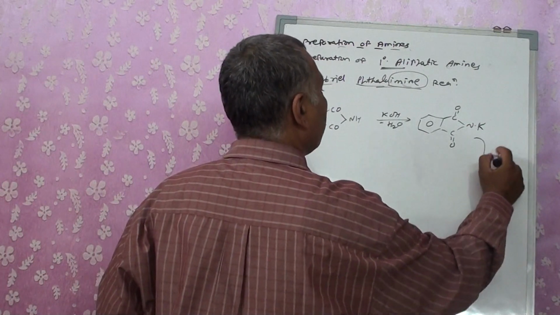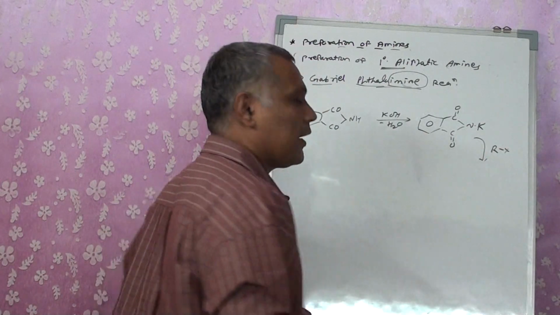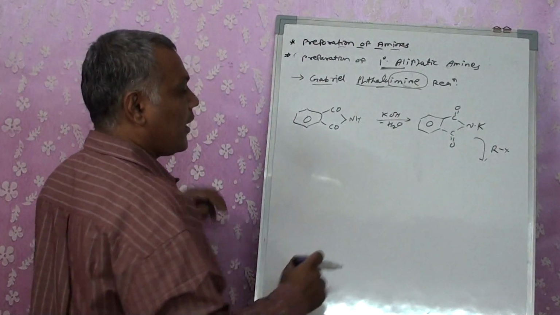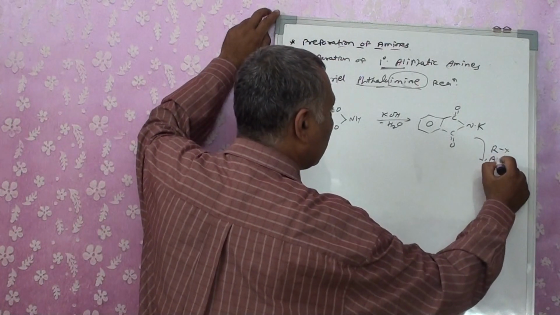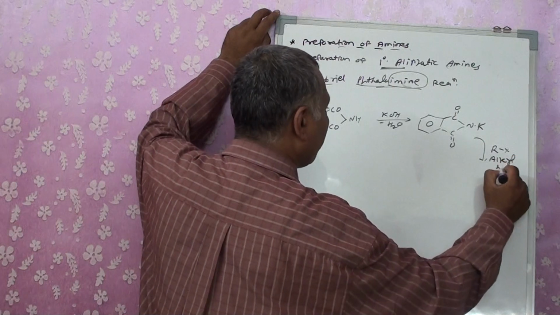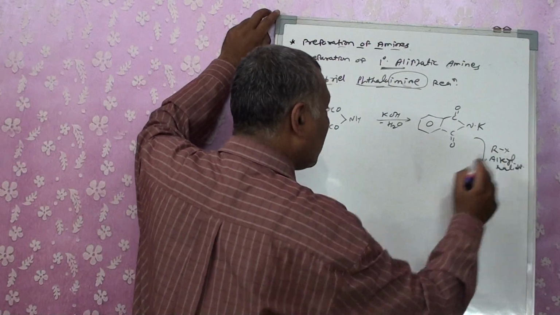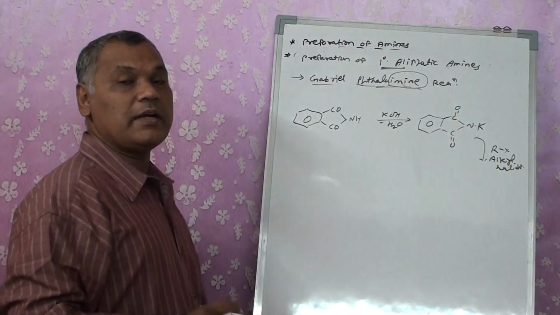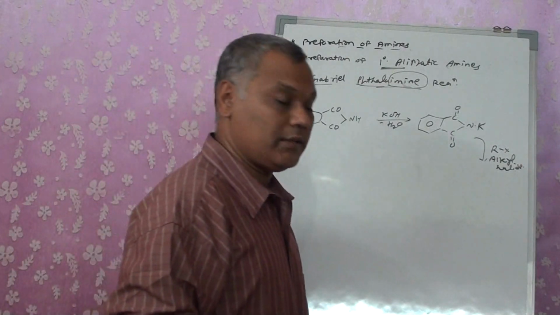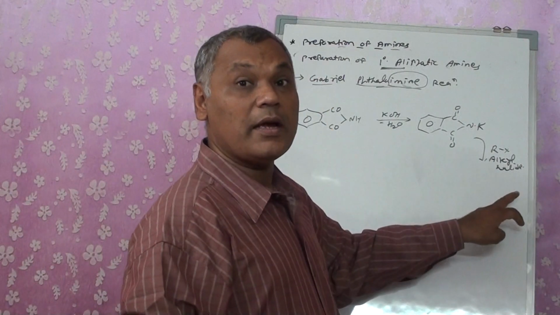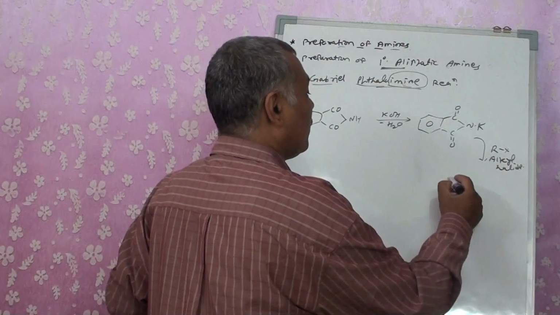This component is reacted with RX. It's reacted with RX, alkyl halides. It's fixed, only and only alkyl halide. You can't have aromatic halides, right? Only aliphatic halides. As a result, what will happen?